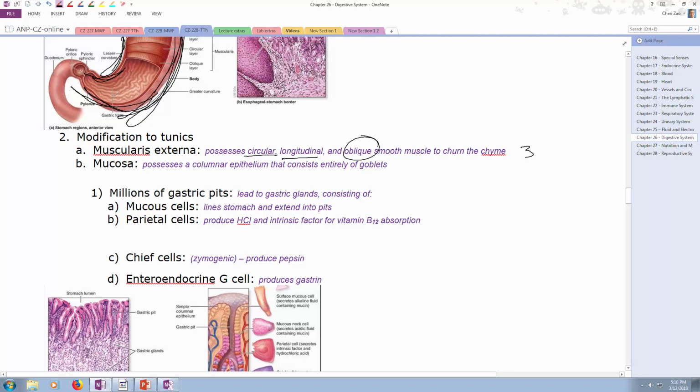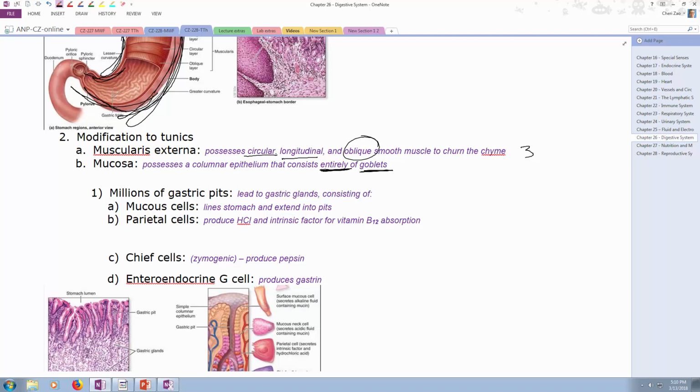The mucosa is indeed the columnar epithelium and is entirely, listen to this, entirely goblet cells. Where do we find goblet cells? Always with simple columnar epithelium. Even if it's pseudostratified, isn't that pseudostratified still columnar?